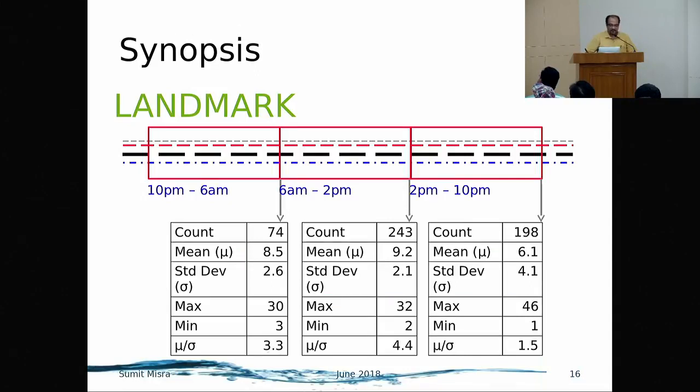So in the landmark, if we see, here are certain counts, mean, standard deviation. Again, this count is increased and the mean has changed and the standard deviation has pretty much reduced. So this set, if you look carefully, is a much sharper set. Everything is closer to the mean, standard deviation is low.